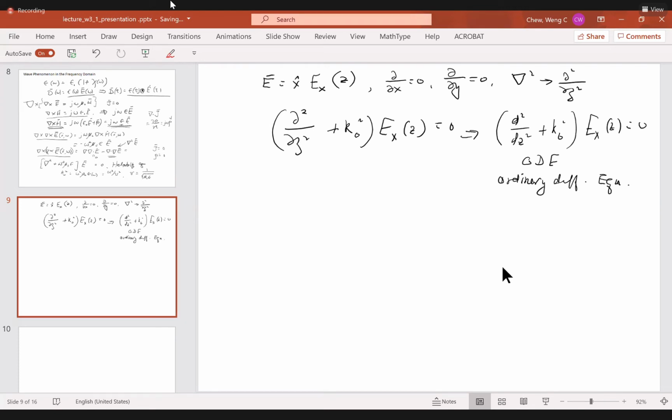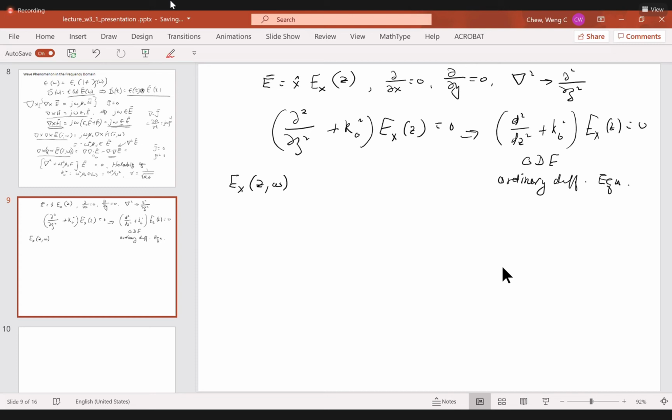And what are the solutions of this ODE? Does anybody know or want to volunteer for the solution? Remember that all these are in the frequency domain only. Even though it's a function of z, it's also a function of frequency. What are the general solutions for E_x to this ODE?